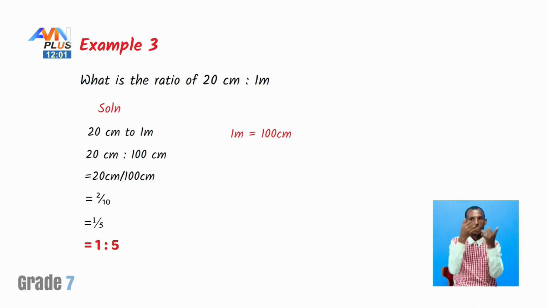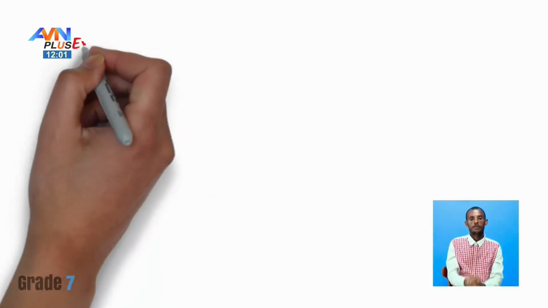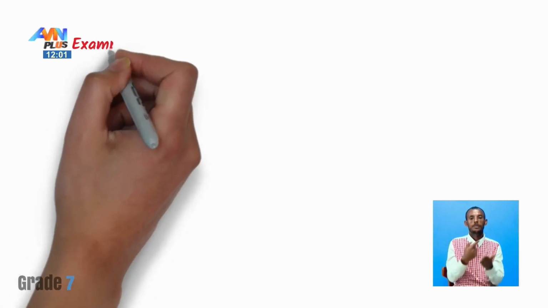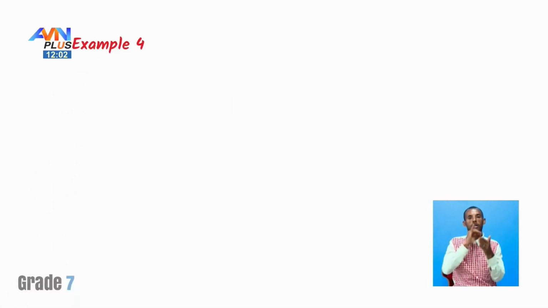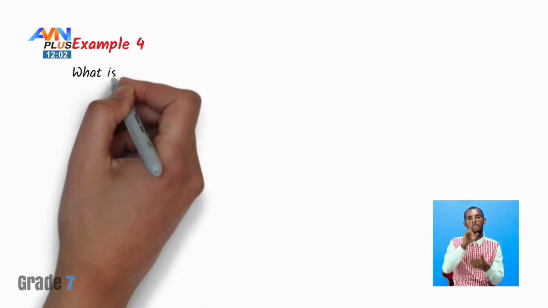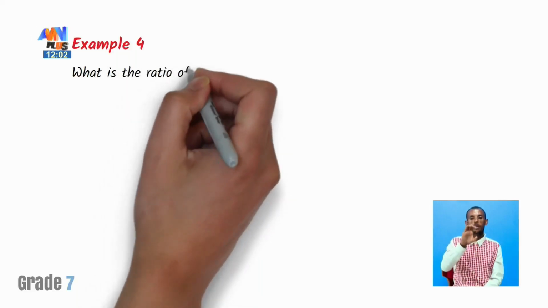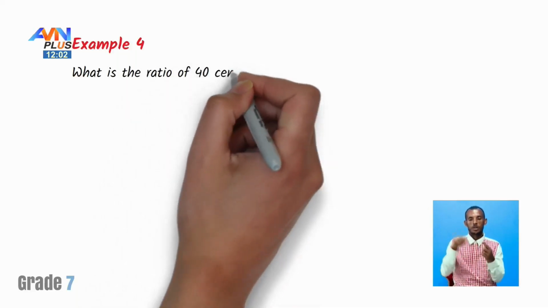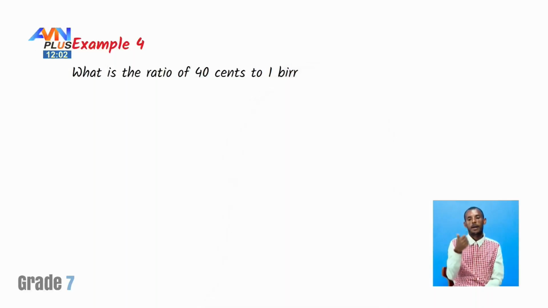Now let's proceed to another example. This is for you. Example 4. What is the ratio of 40 cents to 1 bird? What's the ratio of these two? Please try this question.